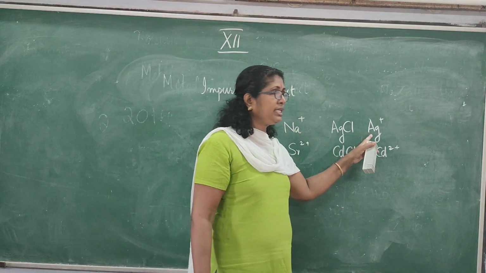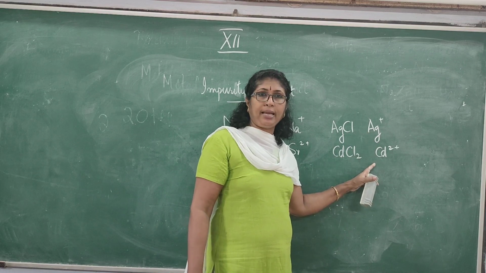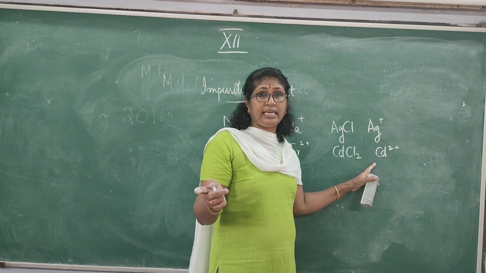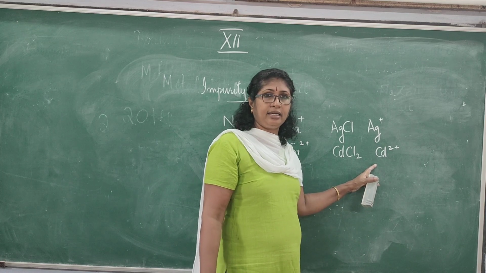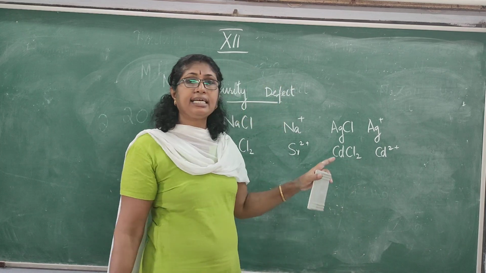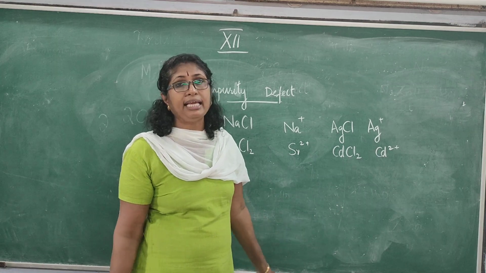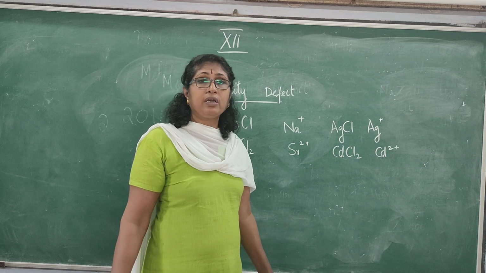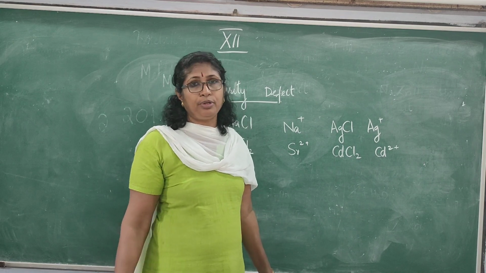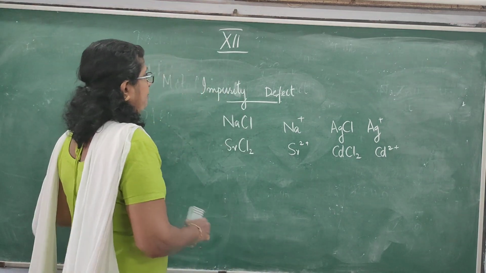For 2 silver ions, one cadmium ion occupies, and a lattice site is vacant. So a hole is created there. So like this we can increase the conductivity of such crystals by adding impurity. They produce cation deficiencies or cationic defects. So this is impurity defect.